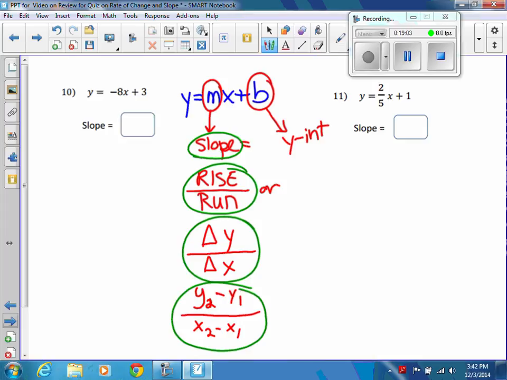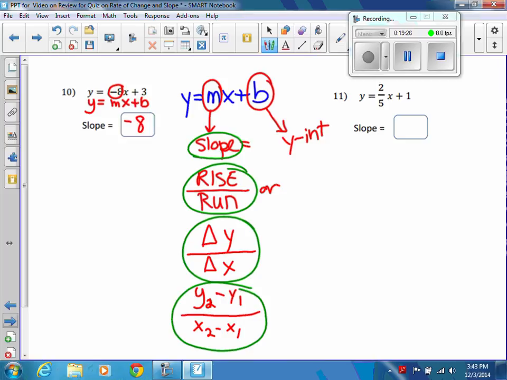So I just need to take a look at my formula that I have and figure out which part of this is my m. So if I rewrite this, this is still going to be y. This is equals. This becomes my m, and there's my x already, plus, and then this becomes my b. So I need the -8, which is my m, so my slope here is -8.